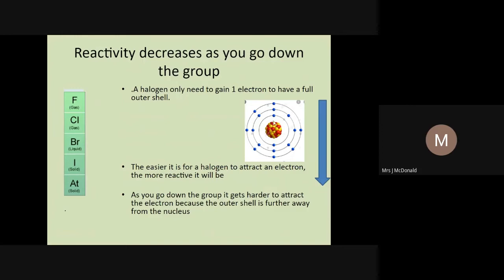So the closer you are to the nucleus, the easier it is. The further away from the nucleus, the much harder it is. So up here, there's only one shell, and then there's the outer shell, so that's much easier to attract an electron. So fluorine is the most reactive.